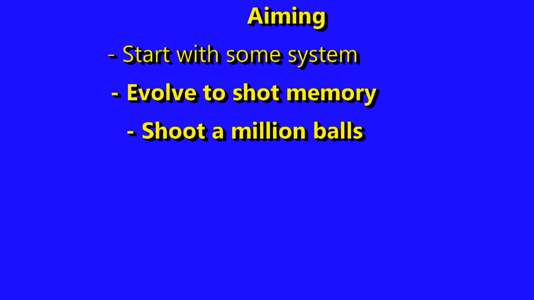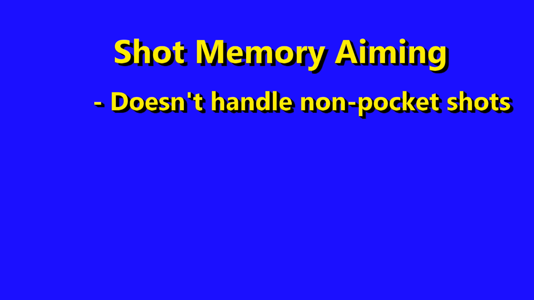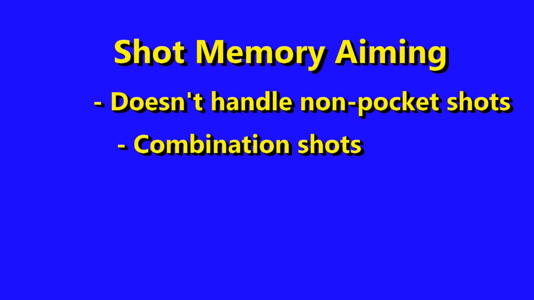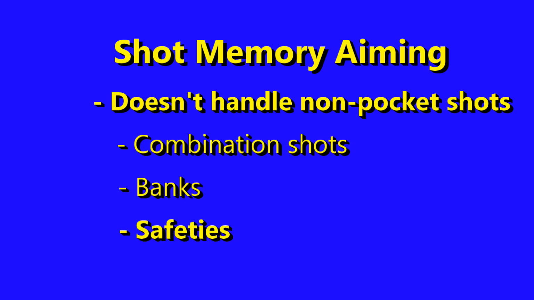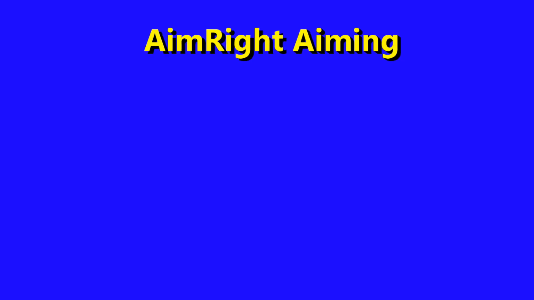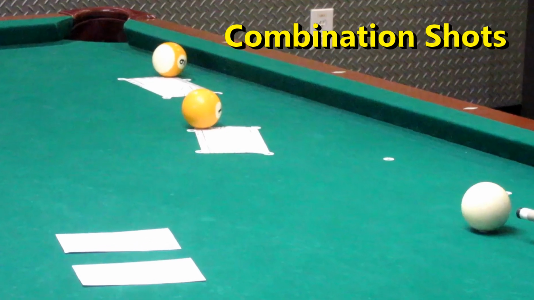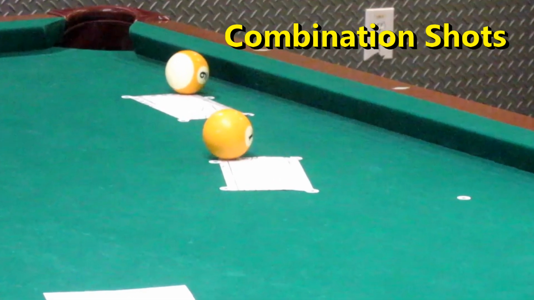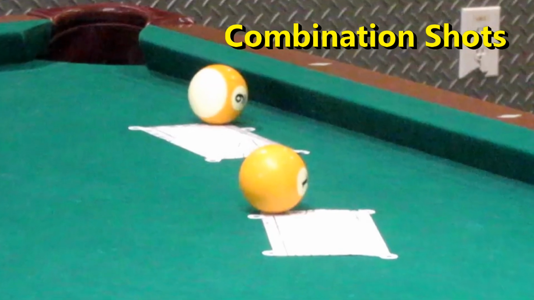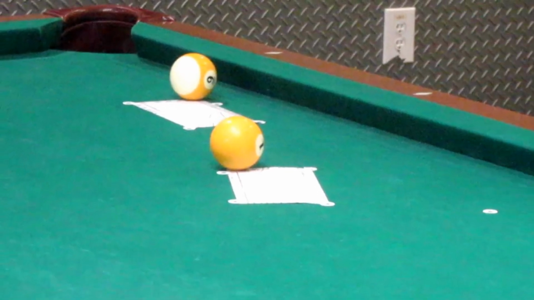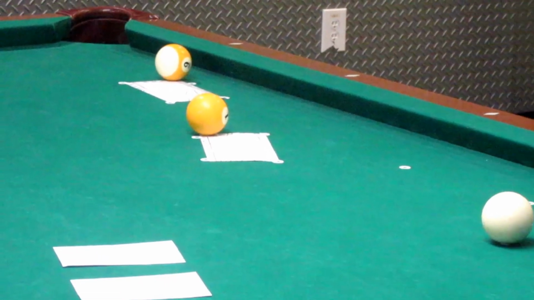But that doesn't help at all for shots not aimed at a pocket, such as combination shots, banks, or safeties. With the AimRight system, your memory is for angles, and that applies to all shots. Let's just consider combination shots. The target is a part of another ball that can be anywhere on the table.